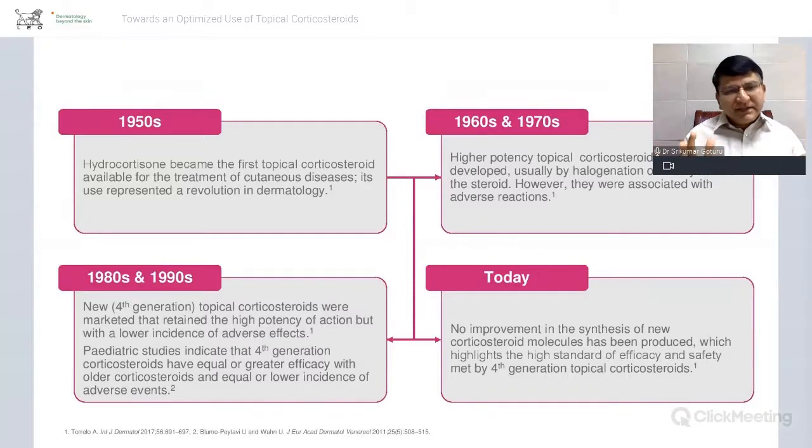In other words, they have a therapeutic index which is absolutely fantastic. Very recently, not many advances have happened. In fact, the advances seem to be in another direction. But regarding topical corticosteroids, once we reached the 4th generation, nothing much has happened.